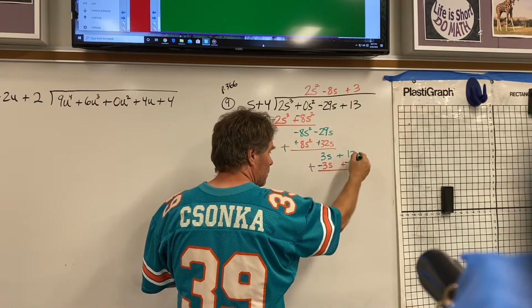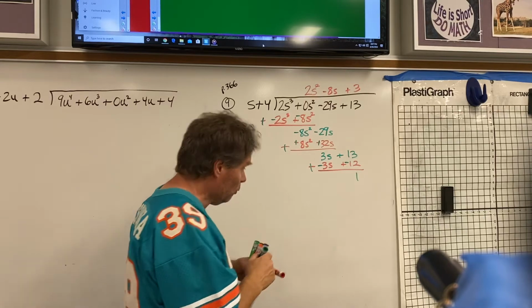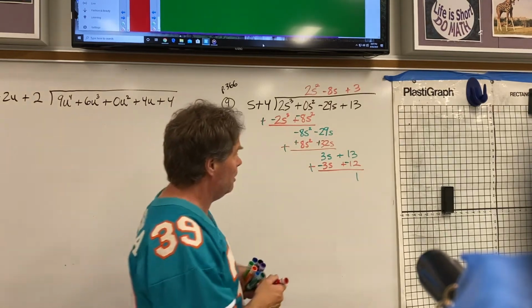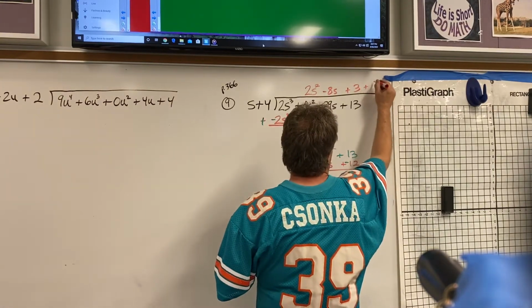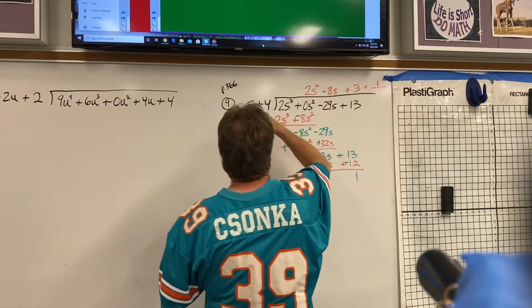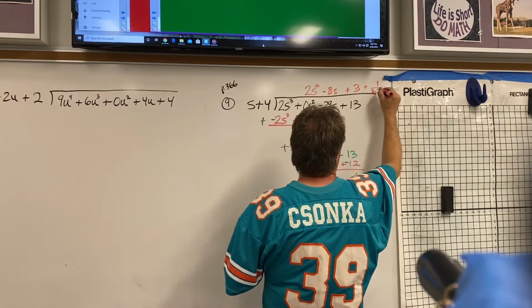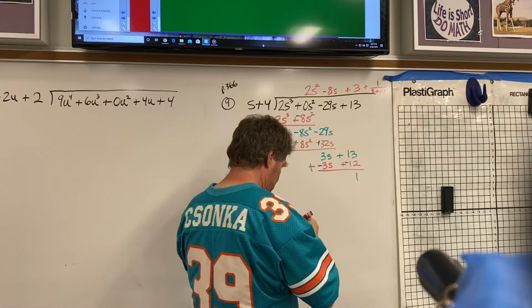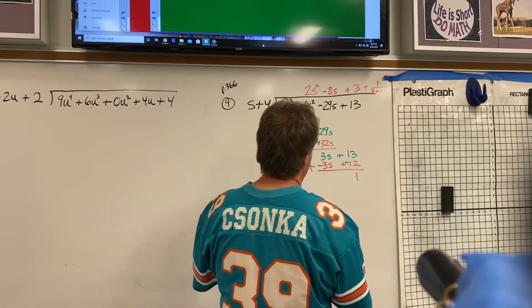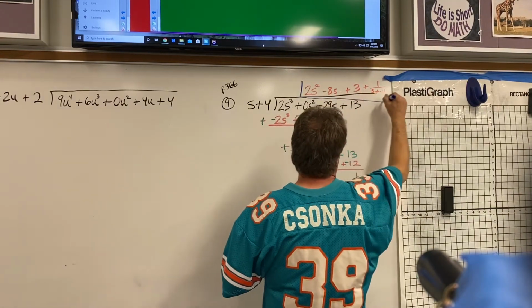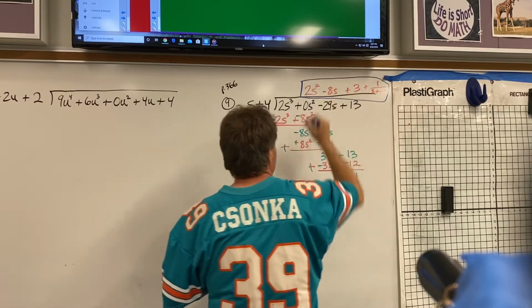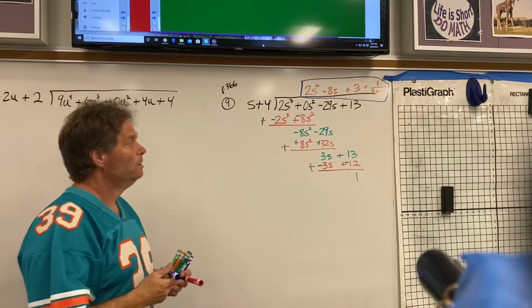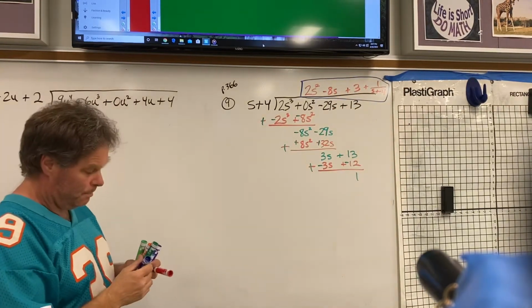This is 0, this is 1. So there is 1 left over as the remainder, so I make it plus 1 over that guy, s plus 4. And my great and mighty answer is this thing right there. Son of a gun.